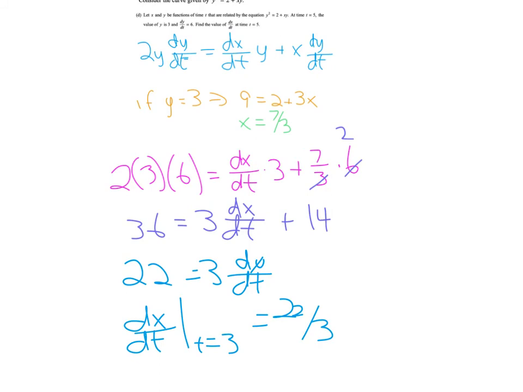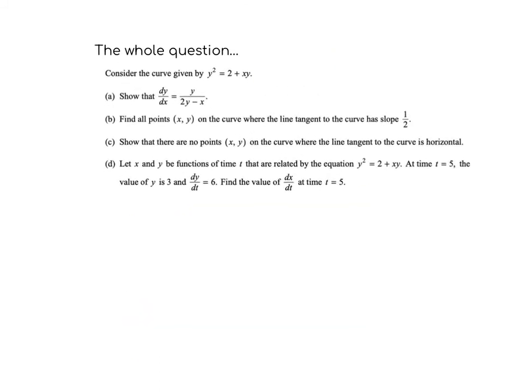Let's see how we did. So we have the whole question. The only information in the stem is this function, y squared equals 2 plus xy. That is an implicitly defined function. If you see that, chances are you're going to have to find the derivative implicitly, which means don't forget about dy/dx showing up. That was the first part.